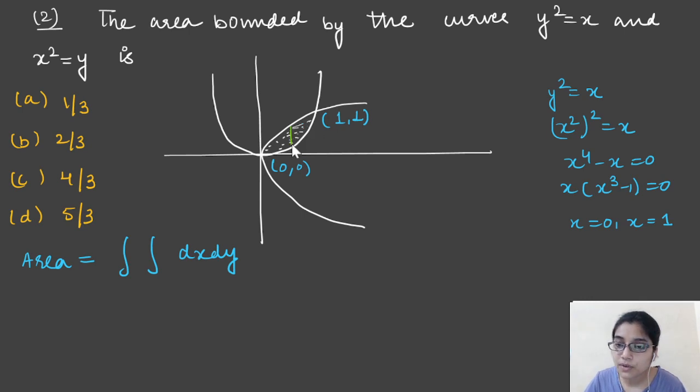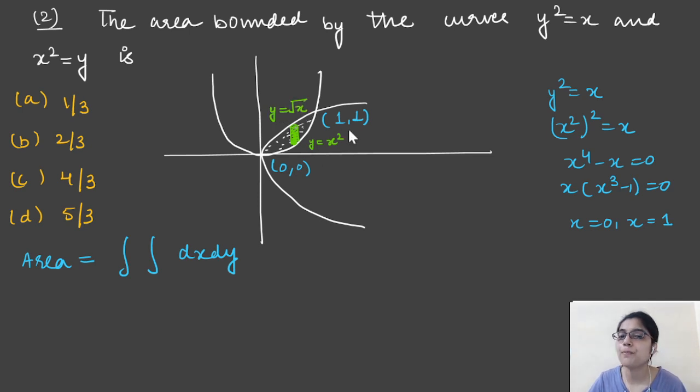So we will draw a strip parallel to the y-axis, because we don't want to keep square roots and all that. It is going from y = x² to y² = x, which means y = √x.